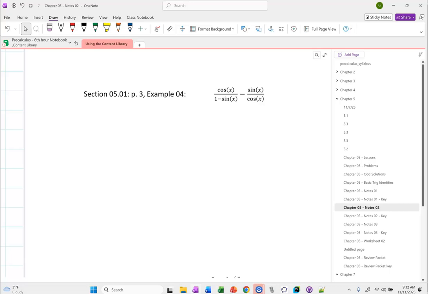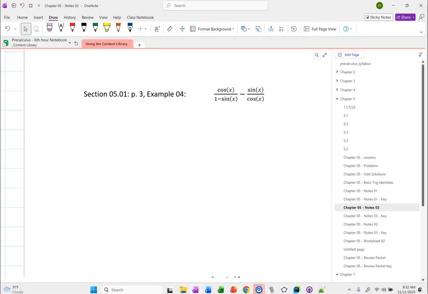So here we have cosine x over 1 minus sine x minus sine x over cosine x. Now, typically, the first thing we want to do is look for an algebra thing, right?